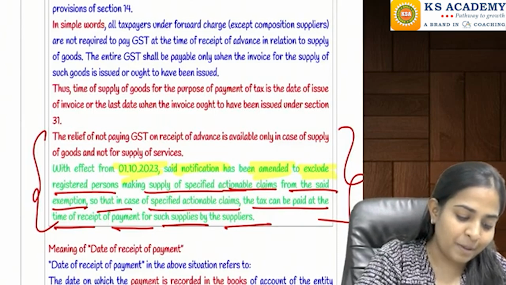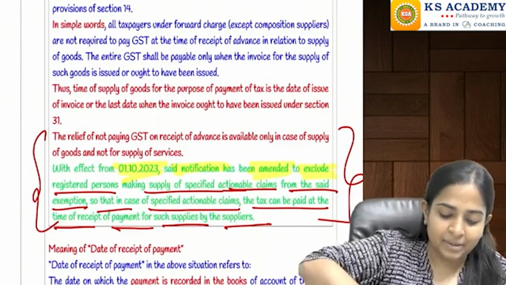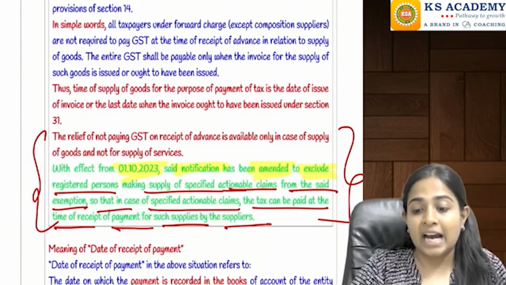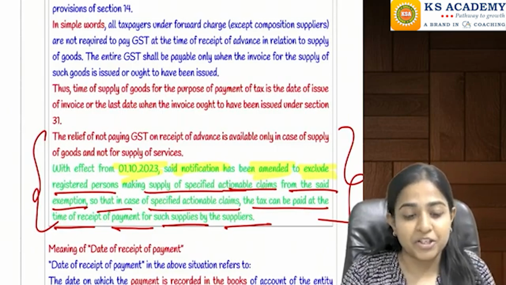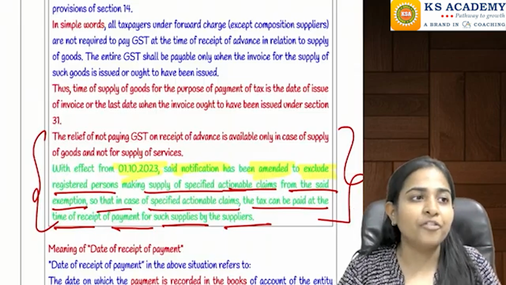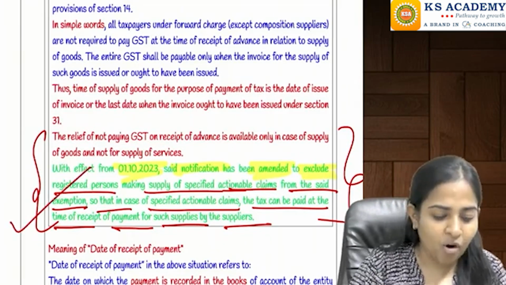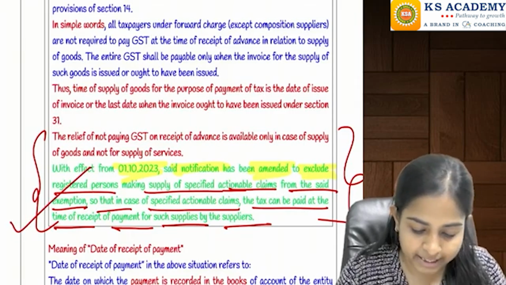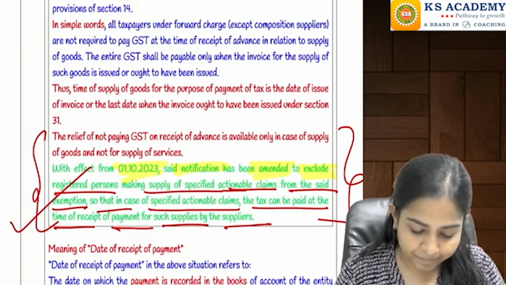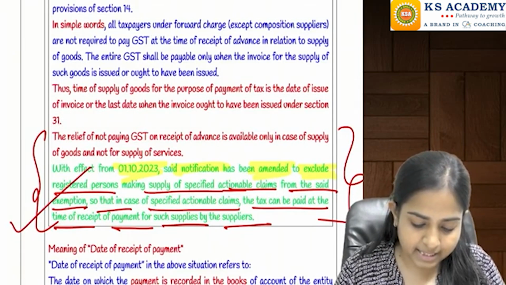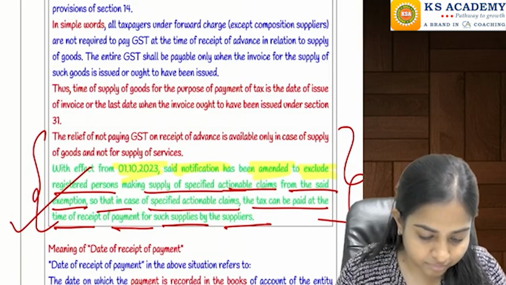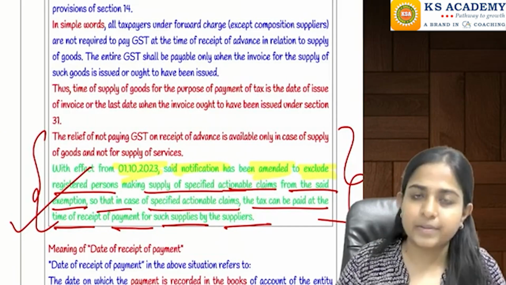So those specified actionable claim suppliers are not given the exemption, and for them the time of supply will be applicable at the time of receipt of advance payment. Are you clear with this? Yes, that was a small amendment which they have put here in case of time of supply. Okay, done.